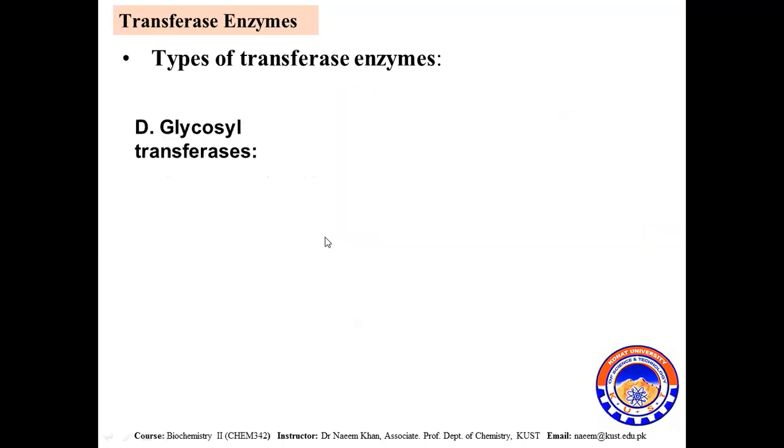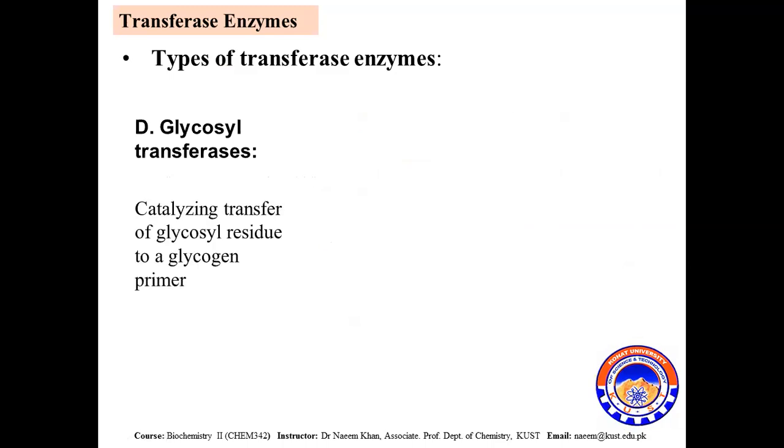The third type of transferase enzymes are those which catalyze the transfer of a glucose, or glycosyl, residue from one molecule to another. Usually, in glycogen synthesis, there is a primer, usually the 4-OH of remaining glucose.